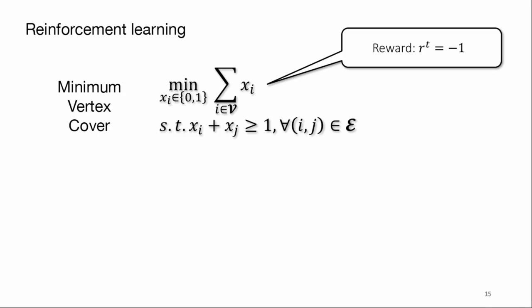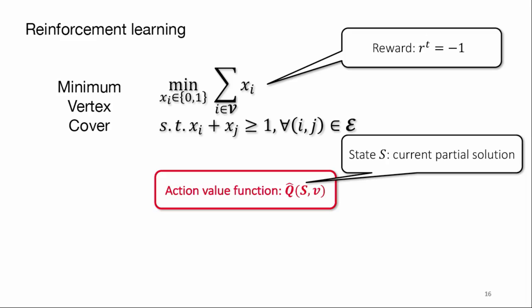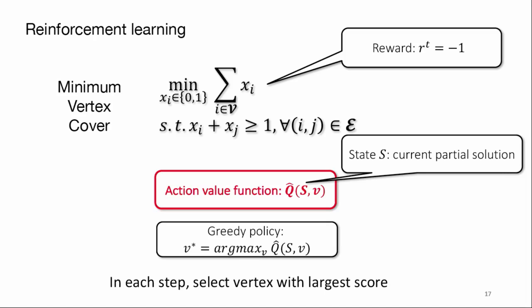We can see it is natural to set a constant reward at each time step, where the reward equals the negative of the cost. And also, the action value function takes the current partial solution and the next candidate vertex as the input, and predicts the required total future number of steps to solve the problem. And if the Q function is good enough, we can simply use a greedy policy.